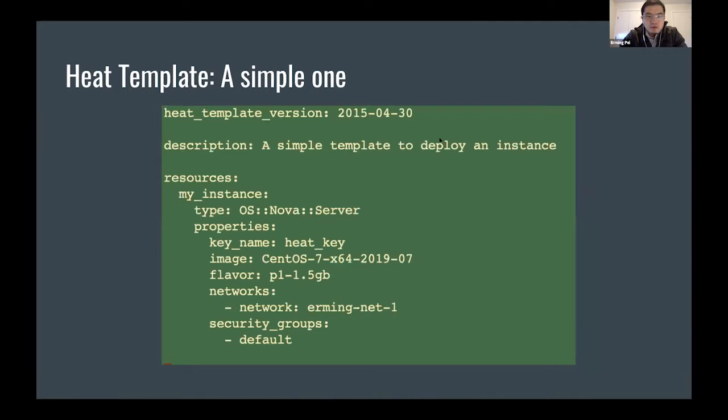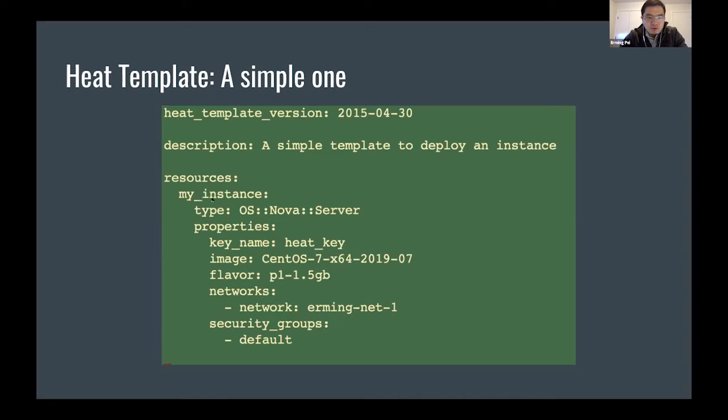Okay, here we can see a simple, maybe the simplest template that is to deploy an instance. We can see that it's just very simple. There's only a version part, and then description, and then a resource.